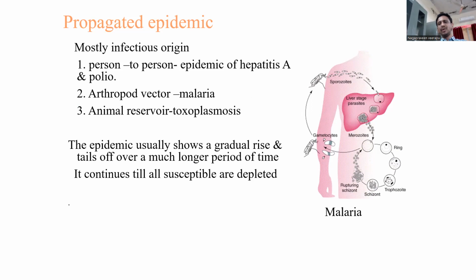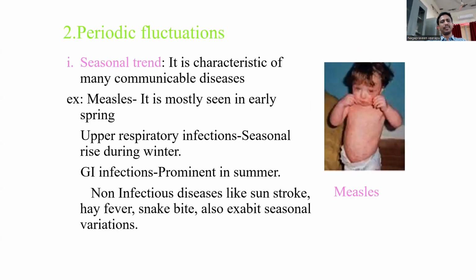During COVID, you can take the example. The epidemic started, became a pandemic, then went on depleting and depleting. Periodic fluctuation: there may be a seasonal trend. It is characteristic of many communicable diseases. Measles is mostly seen in early spring.